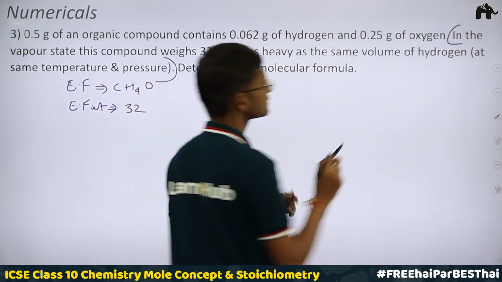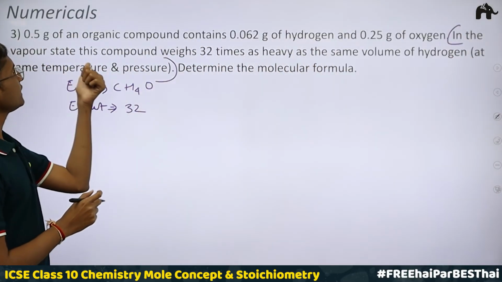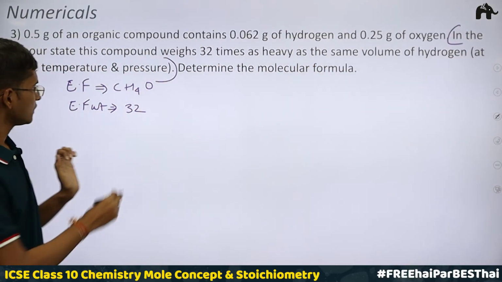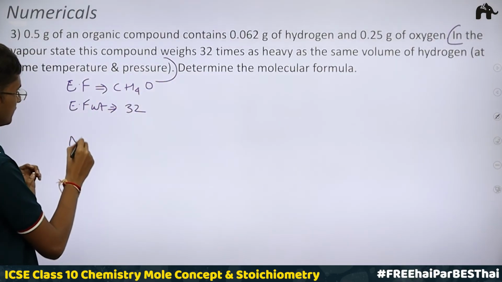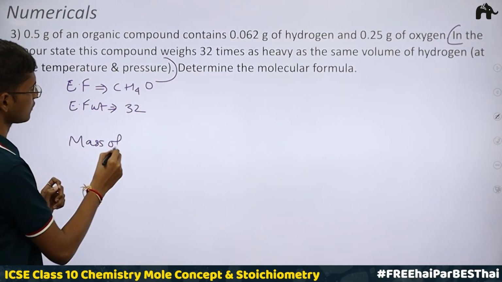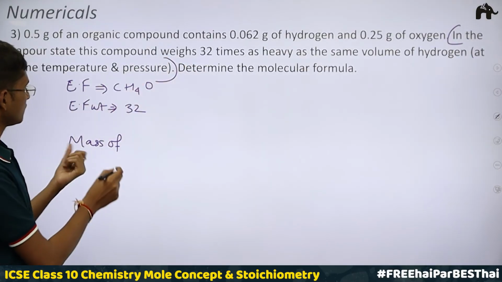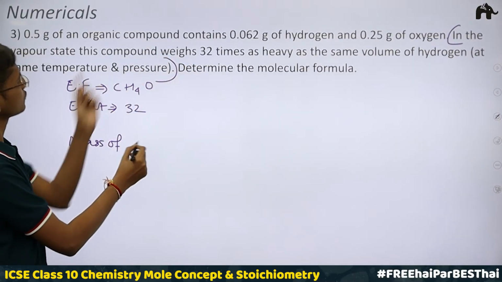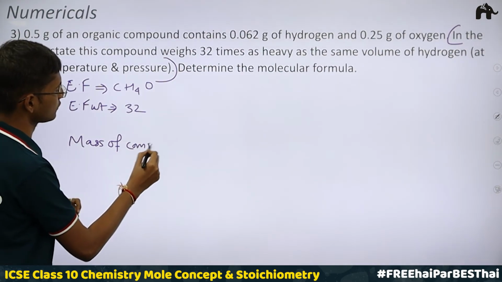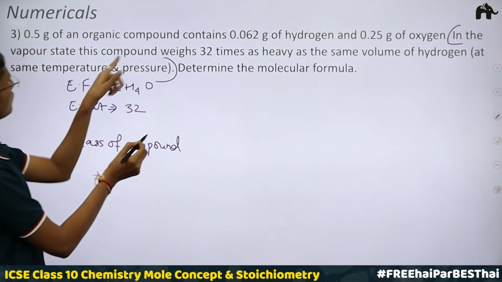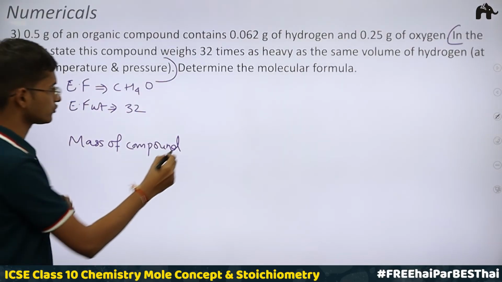What they are telling us is, in the vapor state, this compound weighs, so I'm writing the mass of this compound. So the mass of the compound in vapor state, right?